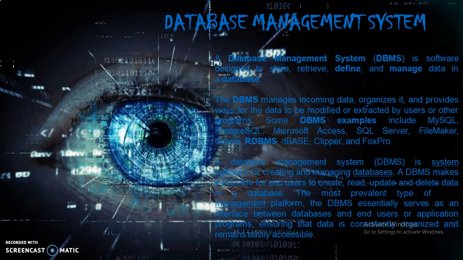Next, a DBMS manages incoming data, organizes it, and provides a way for the data to be modified or extracted by the user or other programs. Incoming data means the data that the user stores. Organize means arrange.